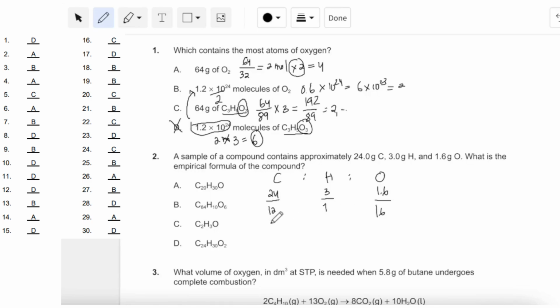So you will get 2, then 3, and then 0.1.